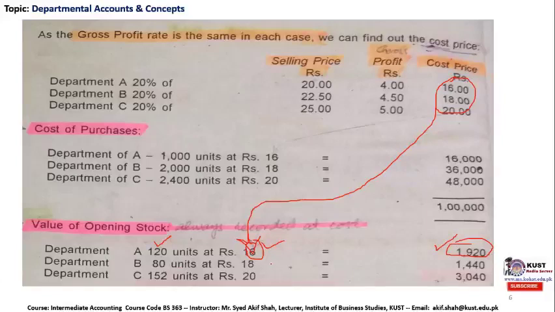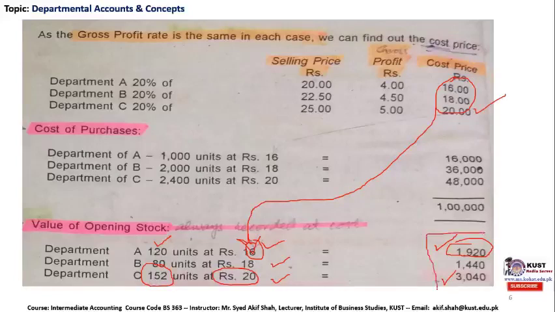Similarly for Department B, and the same way for Department C, we multiplied 152 units by 20, which is the per unit cost as we calculated above. So the final value for Department C's opening stock is 3040.